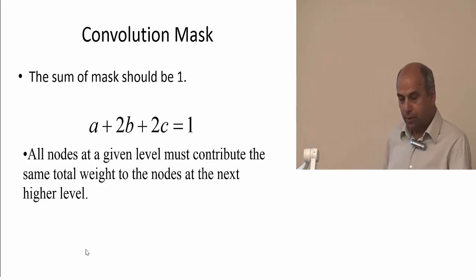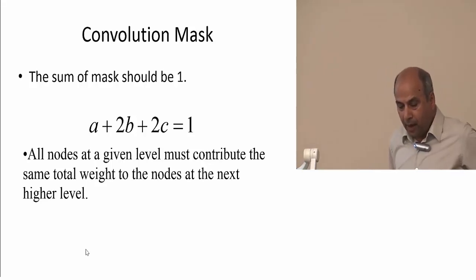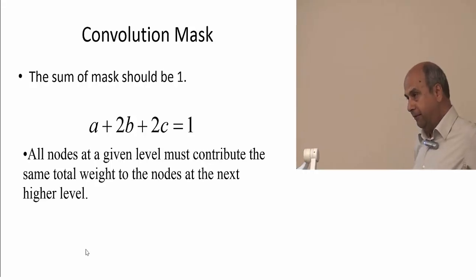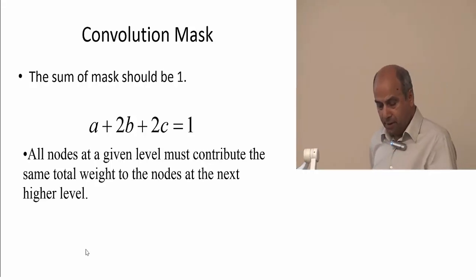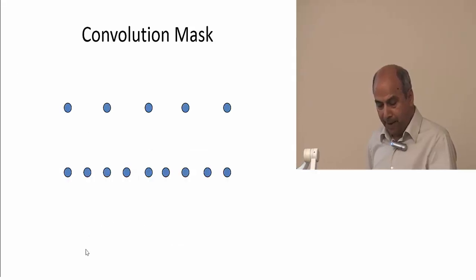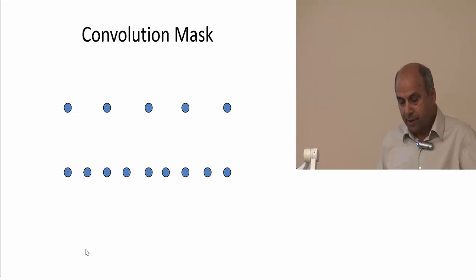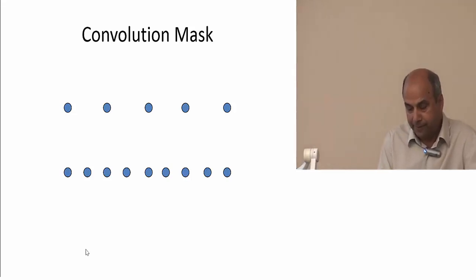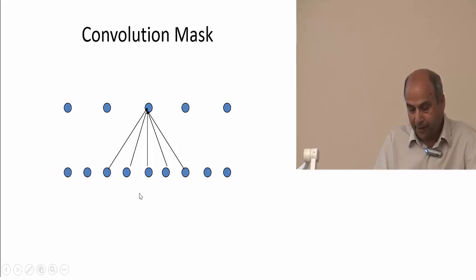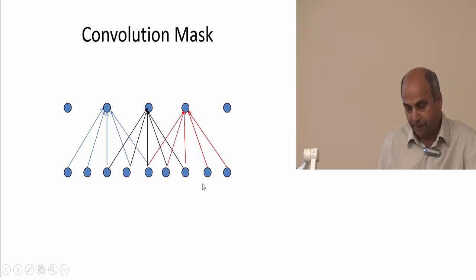The other thing we want, which is very important, is that all the nodes at a given level must contribute the same total weight to the nodes at the next higher level. We are going to explain this, and then we'll come back to that. Here is this picture again, and we have these levels. To get this pixel, we are going to use these 5 pixels, and to get this one, we are going to use these 5 pixels, and likewise for this one.